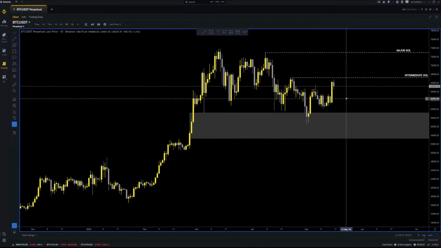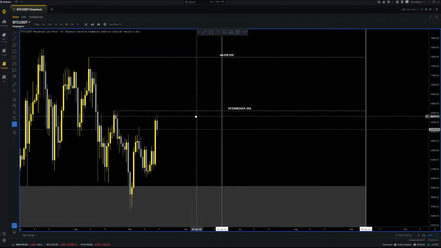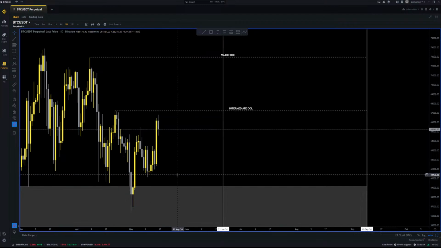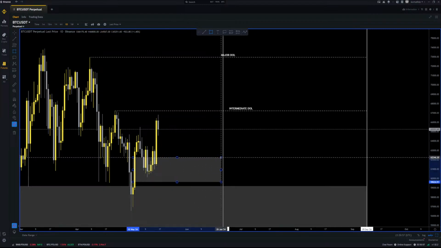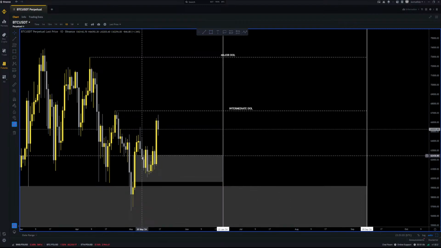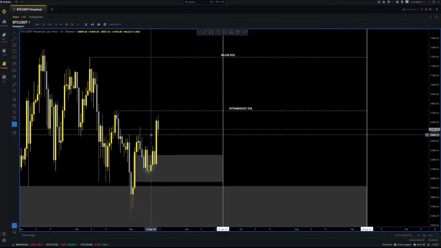Let's go into the daily chart. Very clean. As you can see, on our daily chart we have an imbalance here, which was tapped, and then it did an impulse reaction.